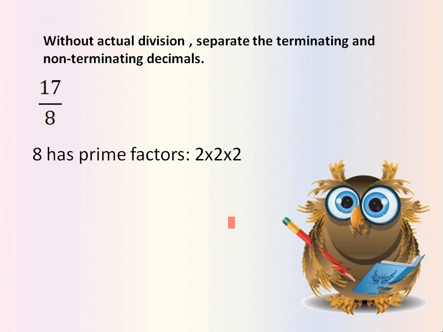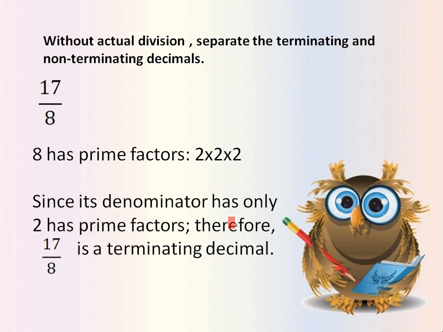I have only 2 in the prime factors of the denominator and no other number, so this rational number 17 over 8 is a terminating decimal, because the rule stated that if the denominator of the rational number in standardized form has prime factors 2, 5 or both 2 and 5, then and only then the rational number is terminating.